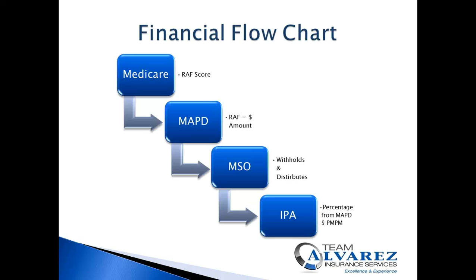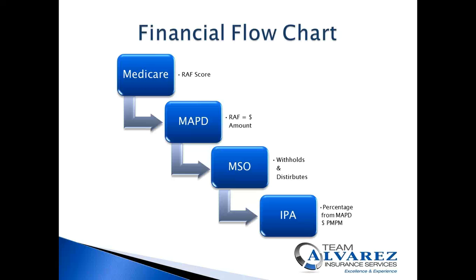Not only just the RAF score, but each plan has a negotiated rate for services provided. Essentially, it's what's referred to as a capitation, where they receive a straight fee per patient, per member per month, or PMPM as it's referred to.